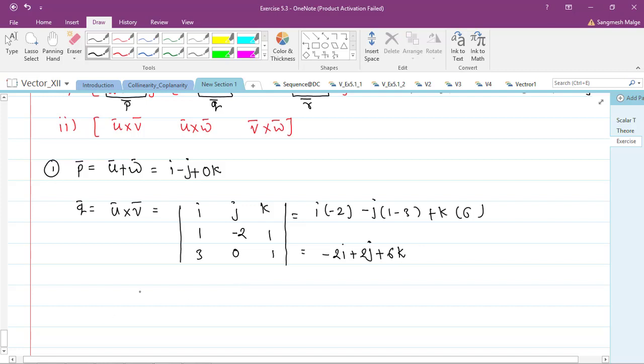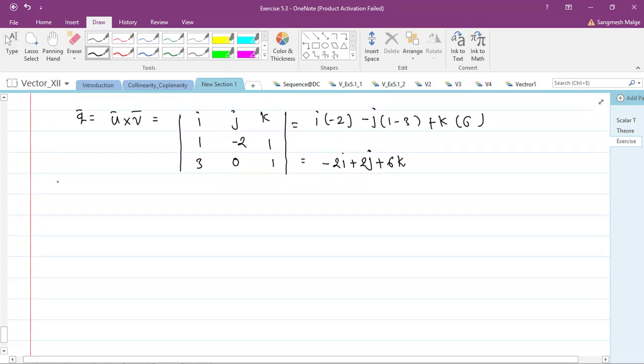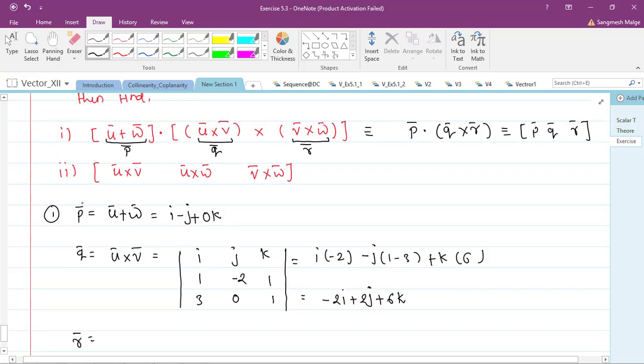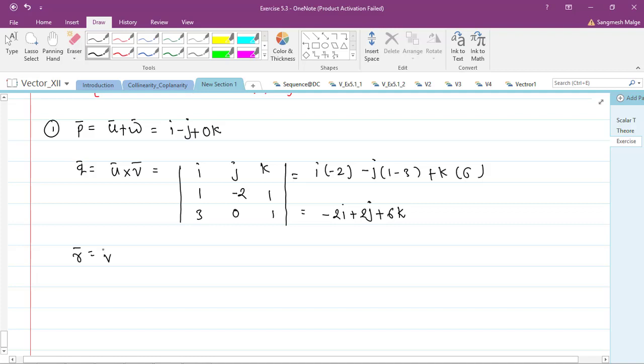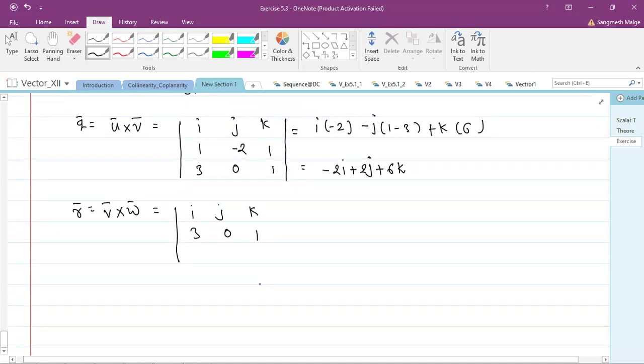Now let's find the r bar, which is nothing but v bar cross w bar. So this is equal to the determinant of i, j, k, with v's coefficients 3, 0, 1 and w's coefficients 0, 1, minus 1.